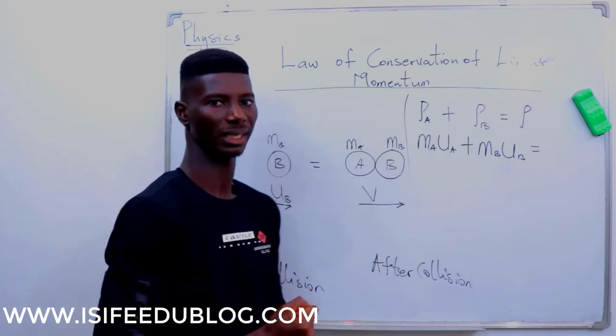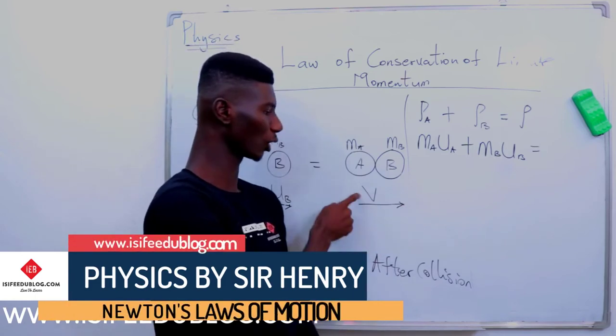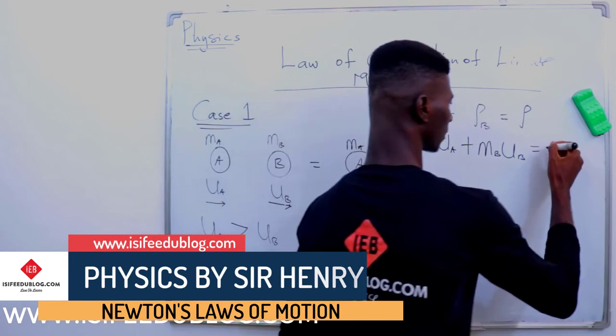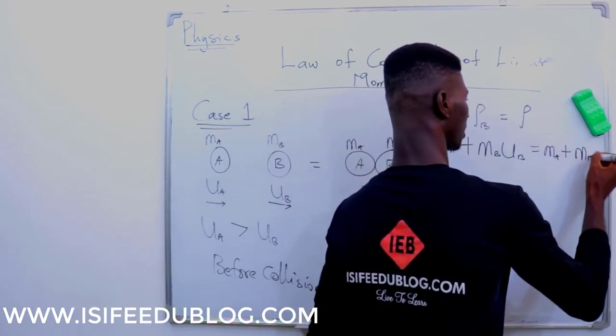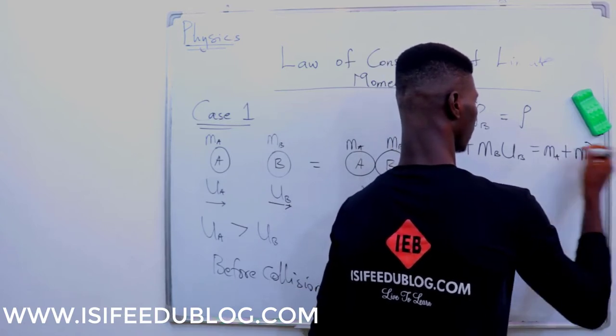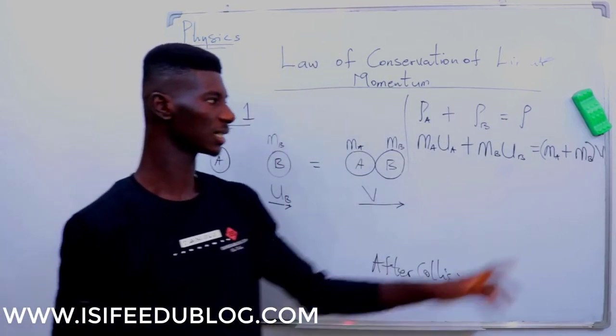Now this is equal to the combined mass. So when both of them combine, they will move in the same direction with a common velocity v. So what we have here is the combination MA plus MB, that is the total mass, times the final velocity. As easy as that.